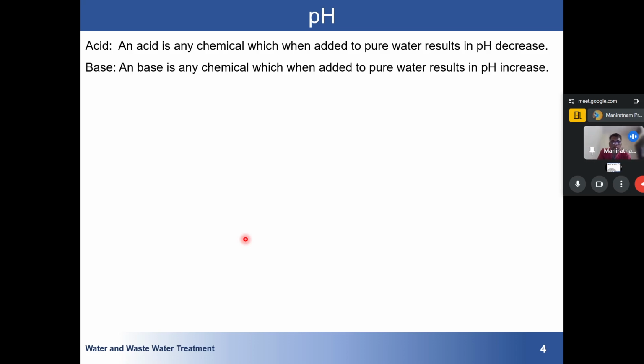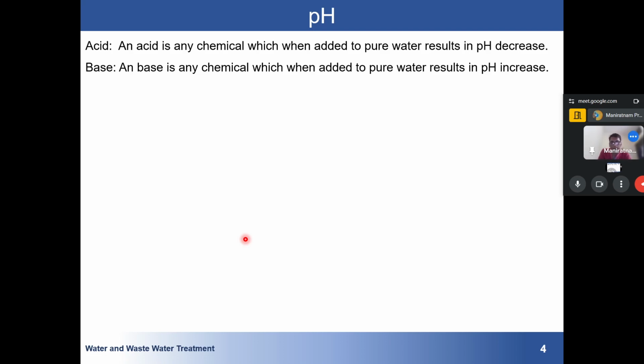So before knowing how to remove or control those species, it's important to understand the pH of the system. We saw in the last lecture that hardness is due to calcium, magnesium, and other multivalent ions. Now suppose the pH of your system is very high, say 12. There is a high chance that calcium and magnesium will be precipitated, so it's already in another form, and treating those calcium and magnesium will be very hard for you.